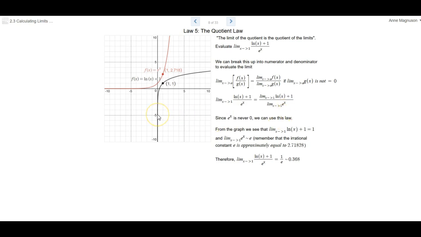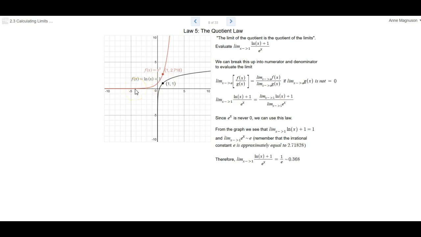So again, I need to look at the graph to find these limits. So if we look first at the numerator, ln of x plus 1, that's this graph. And I can see as x approaches 1, that graph approaches y value of 1 as well.